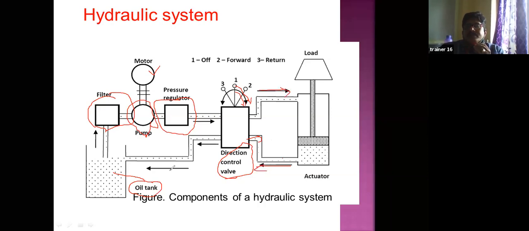See here, the liquid is flowing in this direction and the load is lifting down. If you see clearly, the load is lifting down.